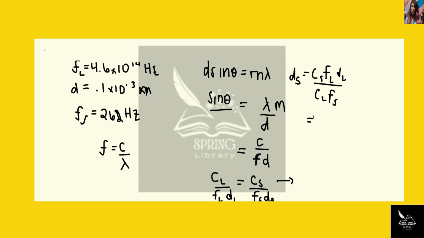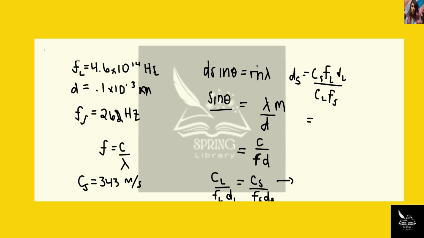So I think the speed of sound is 343 meters per second. Let me write that down. I'm going to double check that because it's just off the top of my head. Yes, it is 343 meters per second.